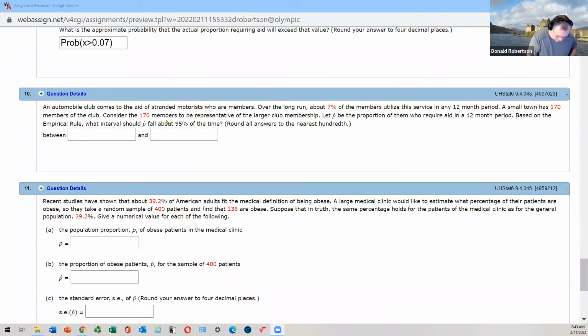Let's do question 10. An automobile club comes to the aid of stranded motorists or members over the long run, about 7% of them. So they're telling me that P is 0.07. And this town has 170 members, so we'll do that.